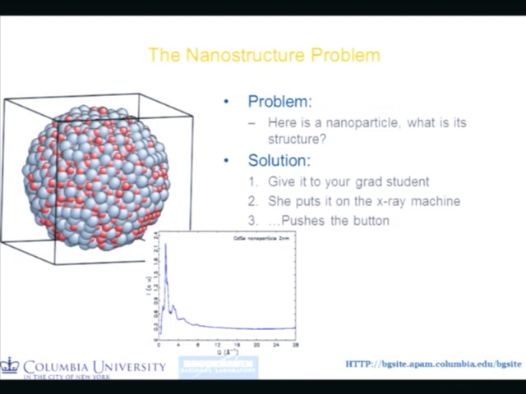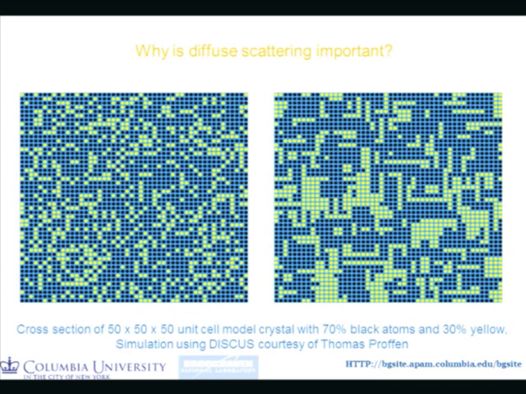Okay, so back to the nanostructure problem. Remember, we put nanoparticles on the machine, and this came out. Because it's a school, I want to go into a little bit this thing about the diffuse scattering. This is a little simulation that Thomas Proffen put together when he was working in my group in the late 90s, using his DISCUS program.